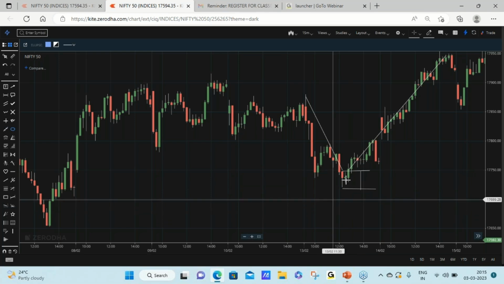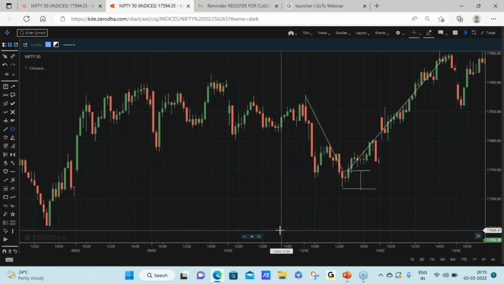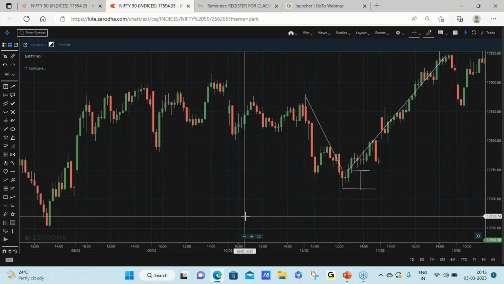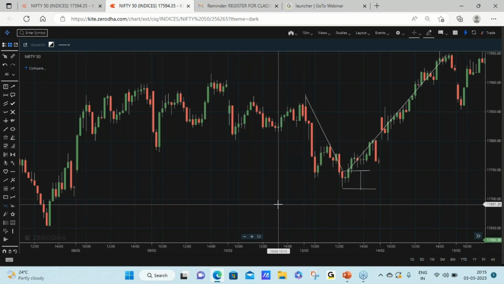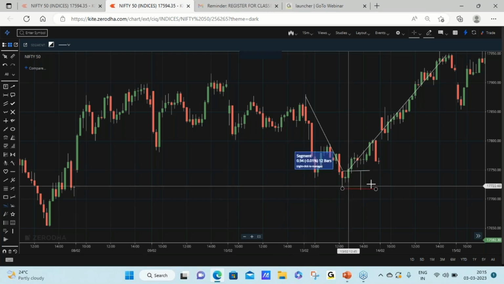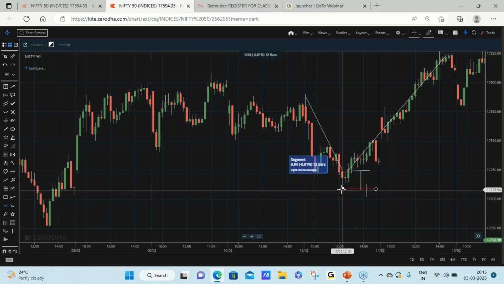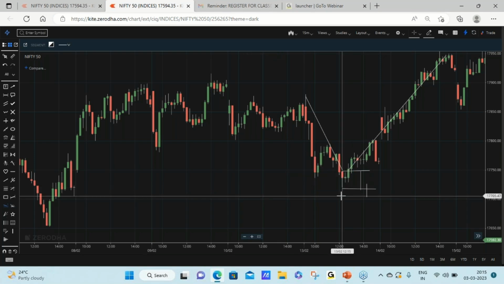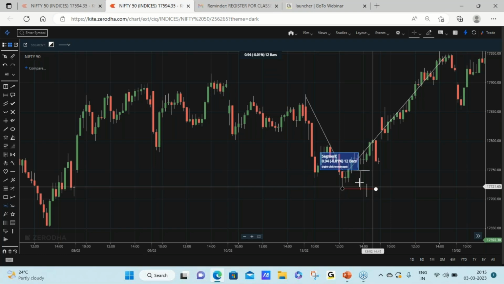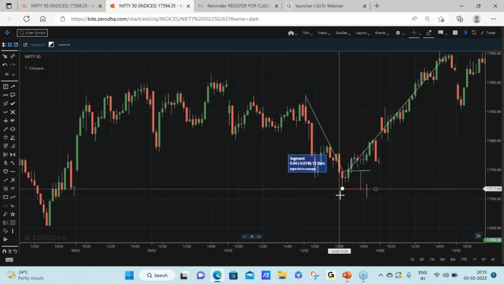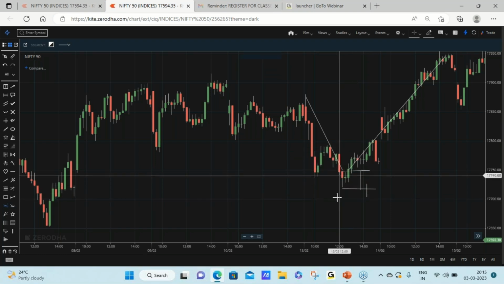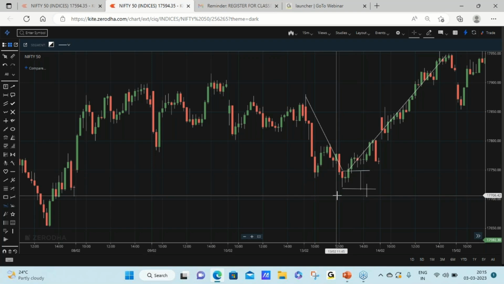Guys, how do you identify whether this candle is at the bottom of the downtrend? Anybody? Perfect. That's what I mentioned, right? There is no candle which is breaking the low of this mother candle. So if there is no candle which can breach the low of the mother candle or bullish hammer or bullish engulfing, don't you think that will be the low, Vishalji?